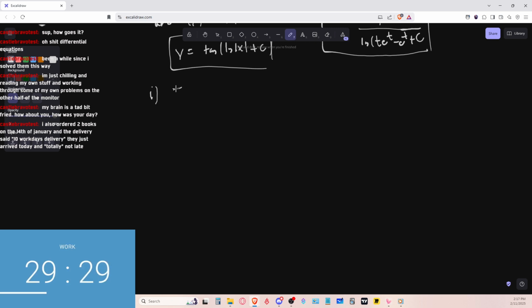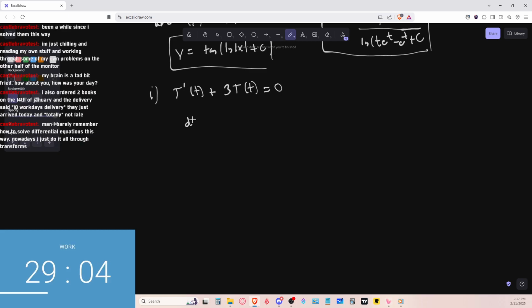So we have the differential equation of t plus 3t. Okay. Now, is this going to be separable, or do I have to use the integrating factor here?